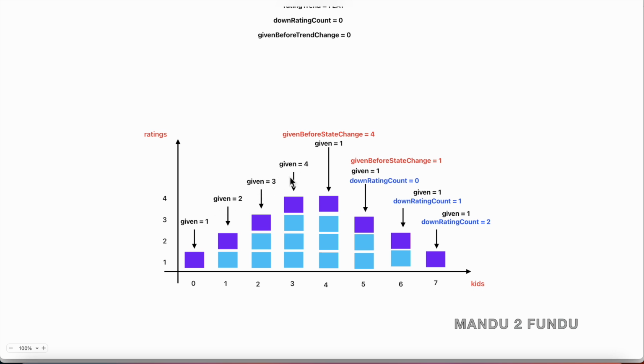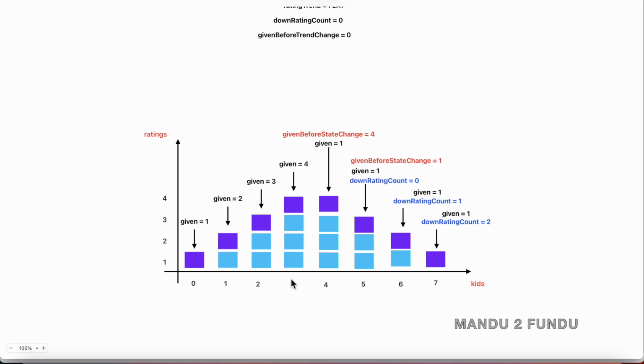So this is the reason why we need to keep track of the candies given to the previous kid in this variable. When the rating is trending up, we simply increment this candies given count and assign that many candies to the current kid.